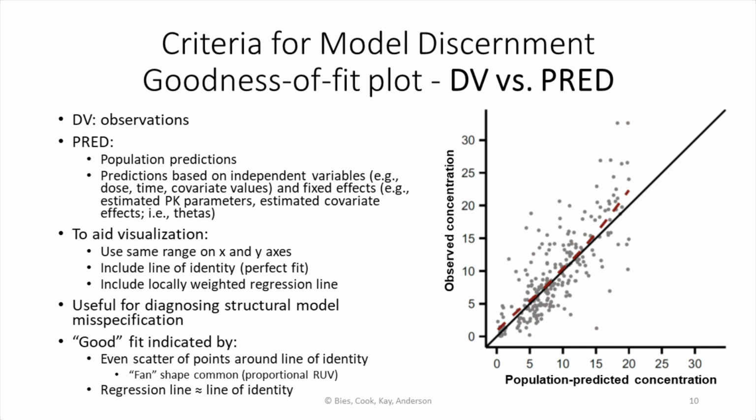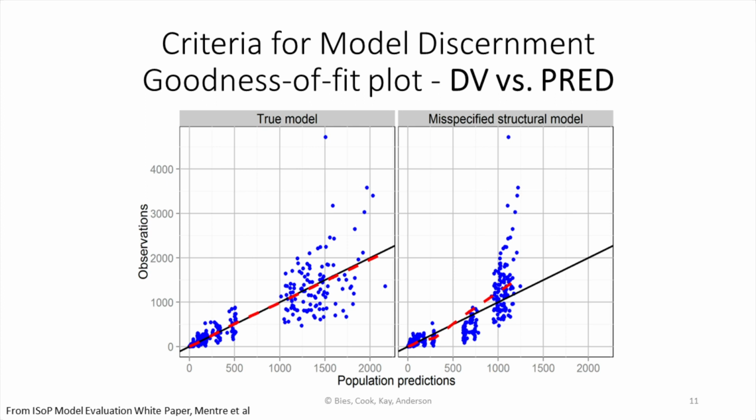And again, a regression line or a smooth should hopefully follow that line of identity. So considering this dependent variable versus population predicted, here's an example that shows a good model on the left, and this is from the ISOP model evaluation white paper, Montre et al., that was published in CPT-PSP. Here again, on the x-axis are the population predictions, and on the y-axis are the observations.